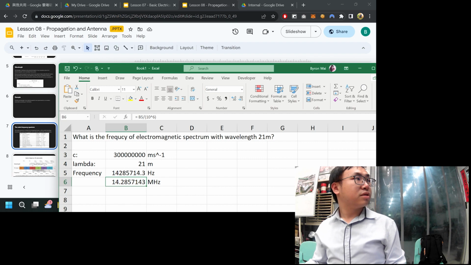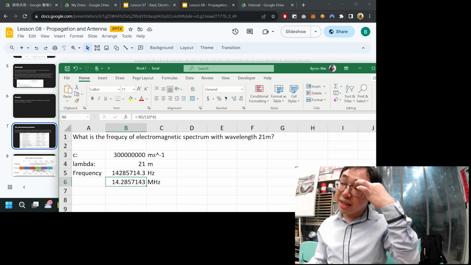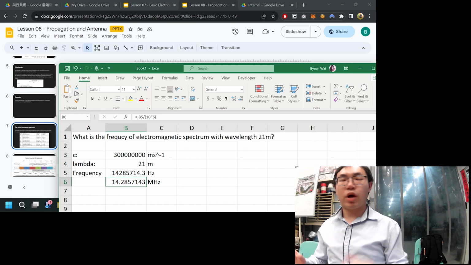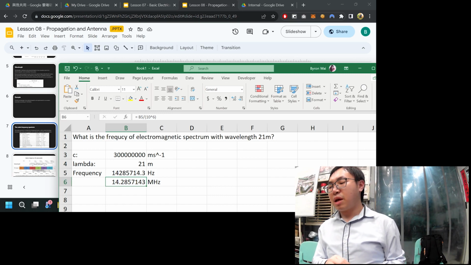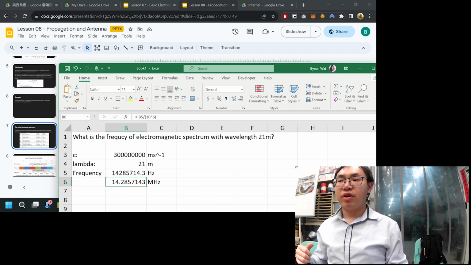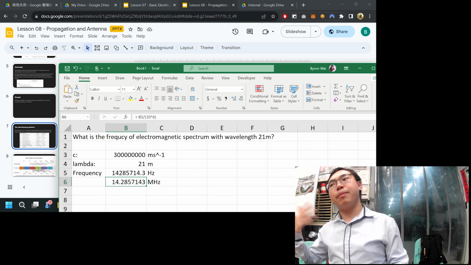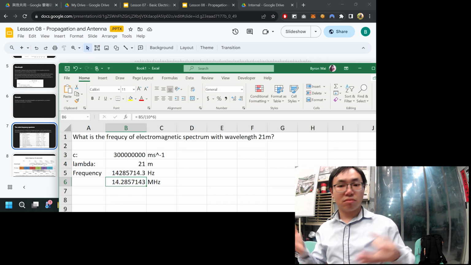Sometimes they will give you a rounded-up value. I didn't include it in my slide, but in the practical world they will say, hey, I'm playing with 14 megahertz, for 50 megahertz, I'm playing 20 meter band, 10 meter band, 7 meter band, that kind of stuff.